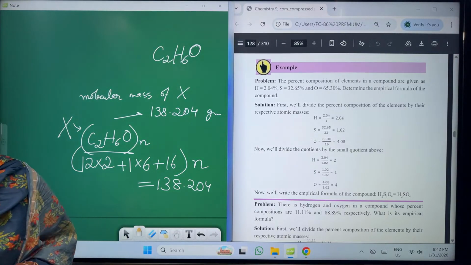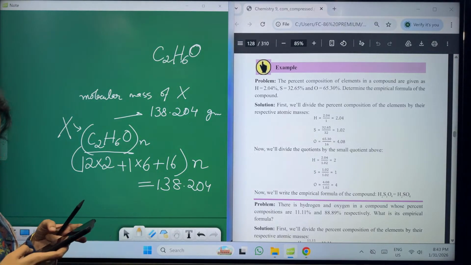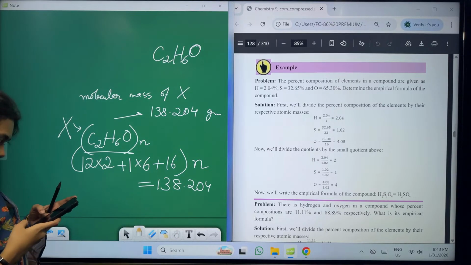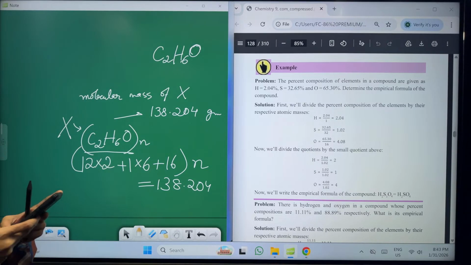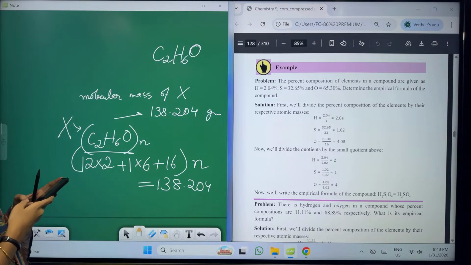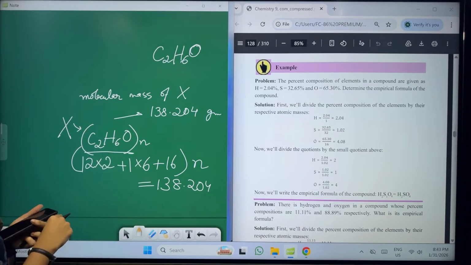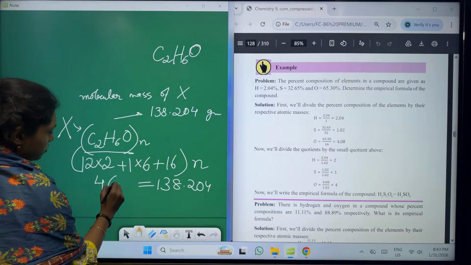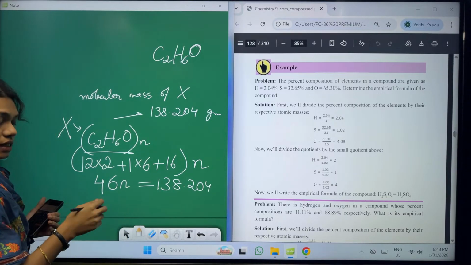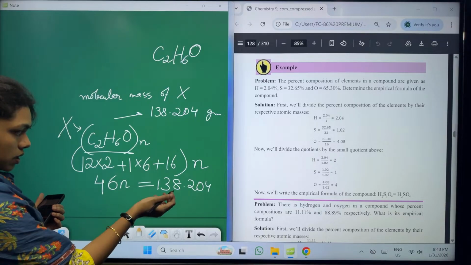So let's calculate the value of n. 46n, that is 46 into n, equals 138.204.